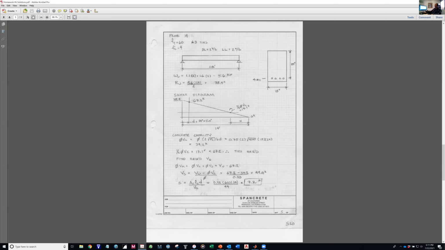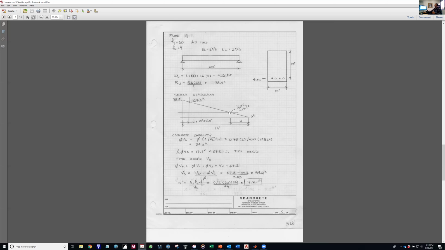So it's only from this threshold to the point of zero shear in the middle that I can not provide ties. And then of course it's a mirror image. You have the same region on the other side of the zero point.